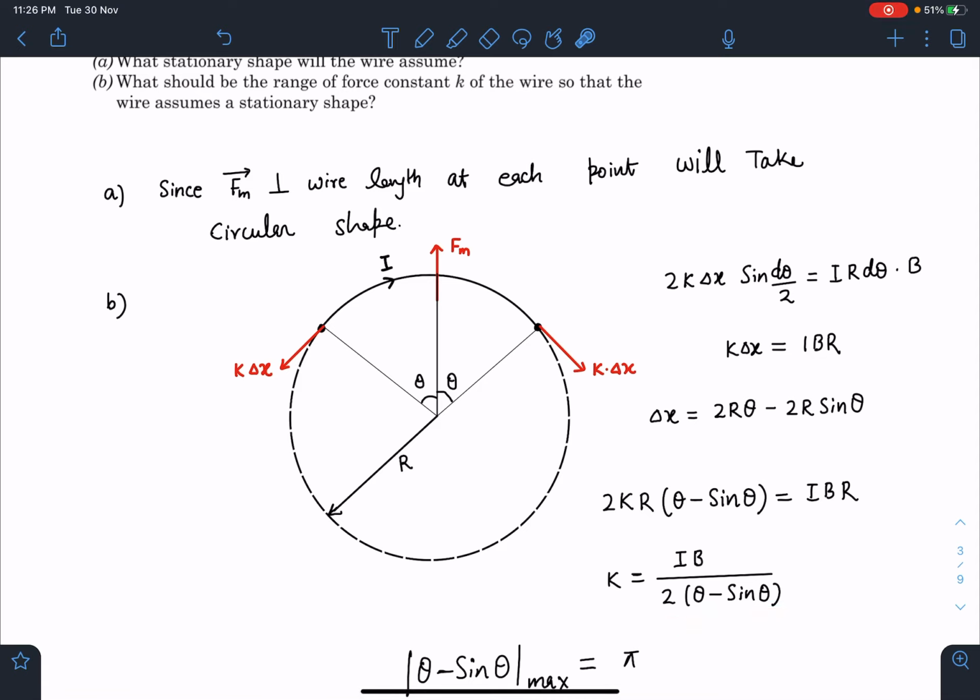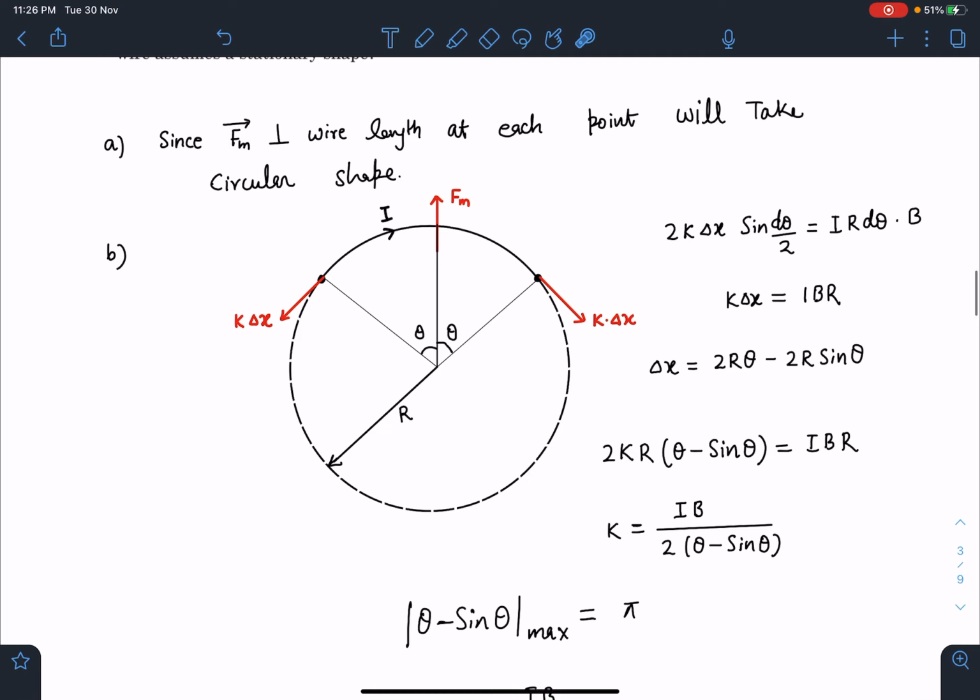Here you can see this value of theta minus sin theta is always an increasing function, and it will be maximum when theta is pi, sorry, pi by 2 in this case.